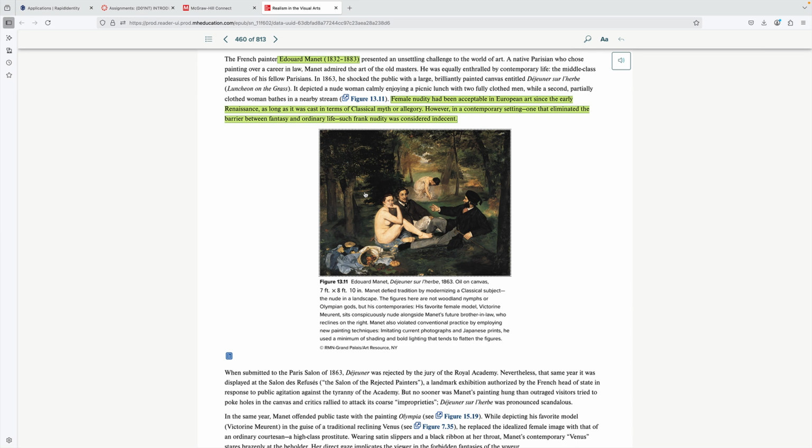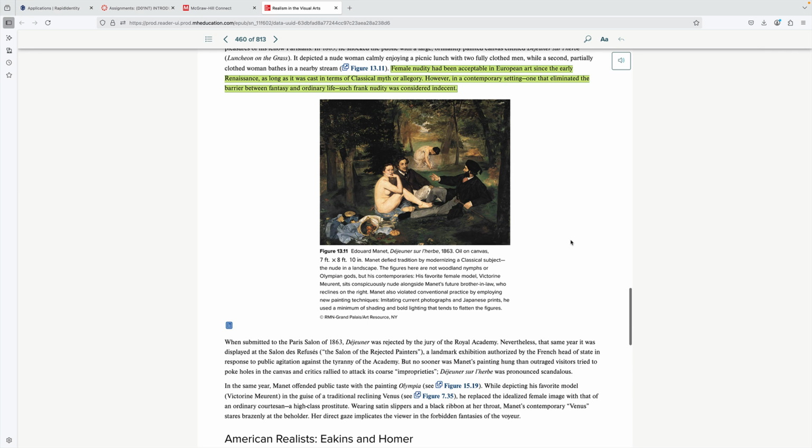Manet here says, well, you've got a couple of naked women outside with men eating. What are they really there for? Well, it's not the lunch, right? So the subject matter is scandalous, in part because everybody viewing this knew what was going on, but you can't put it in their face, I guess.